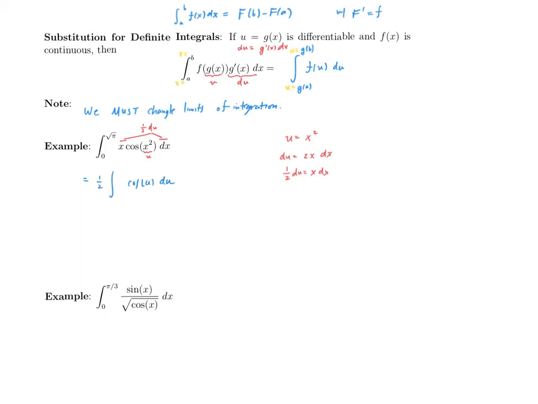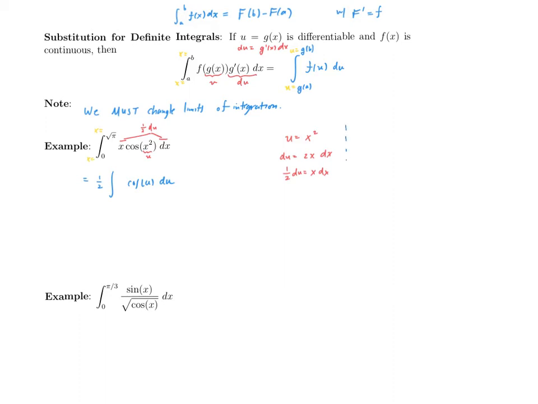But just to really reiterate our point previously, these limits of integration in the original integral are for x. We're putting everything in terms of u in this new equivalent definite integral, which means our limits of integration also need to be in terms of u.